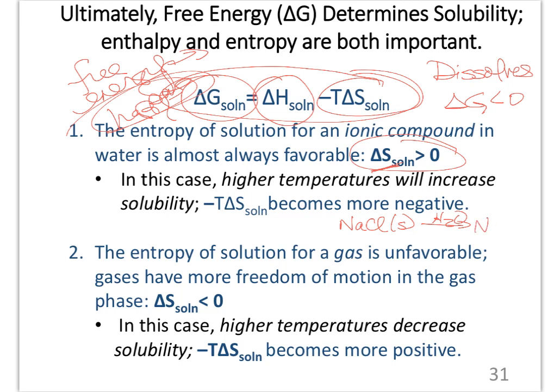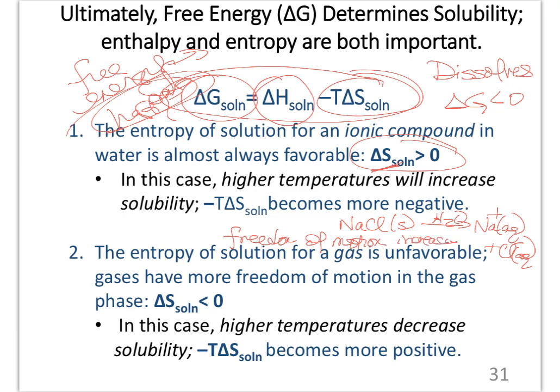In other words, it's favorable. And I have mentioned to you to be able to predict the change in entropy that you think about freedom of motion. And so freedom of motion for an ionic compound dissolving in water is increasing, right?